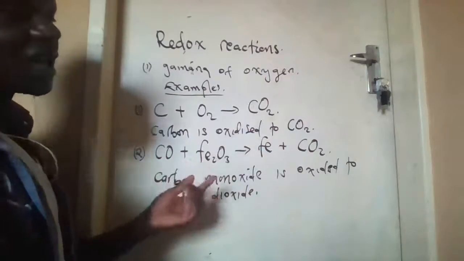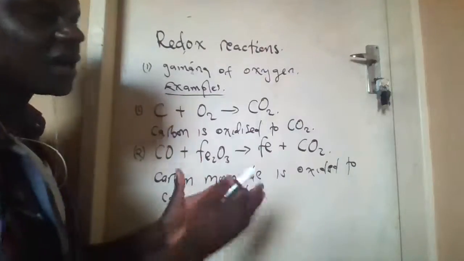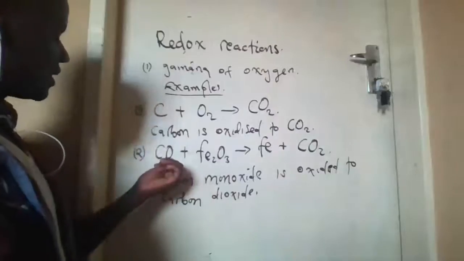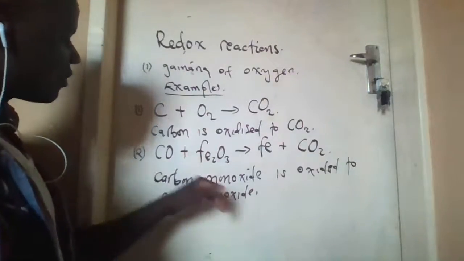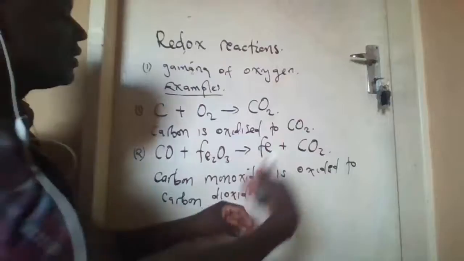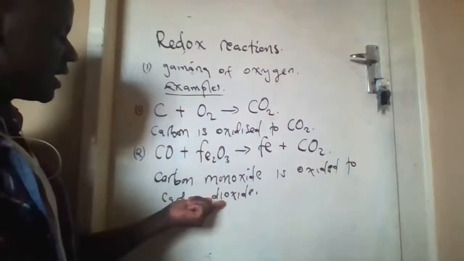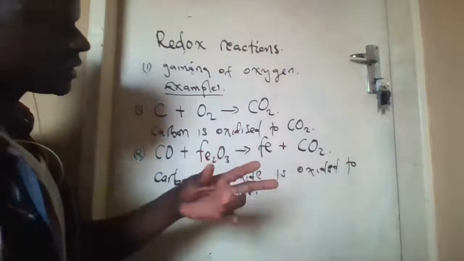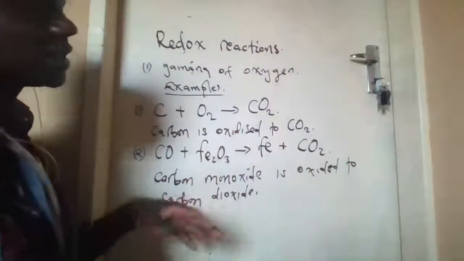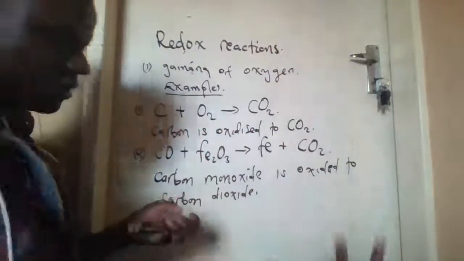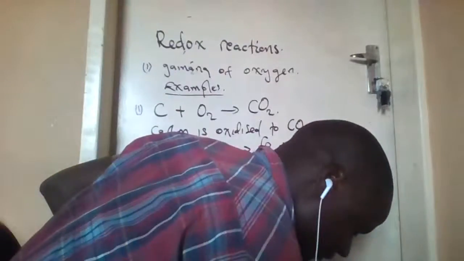Which one has been oxidized? Oxidized to what? After it gains an oxygen, what compound is it turning into? Carbon monoxide has one oxide, mono, and it has been oxidized by attaining another, di, dioxide. So we have now two oxides, from one oxide to two oxides. Therefore, that process itself can be termed as an oxidation process.